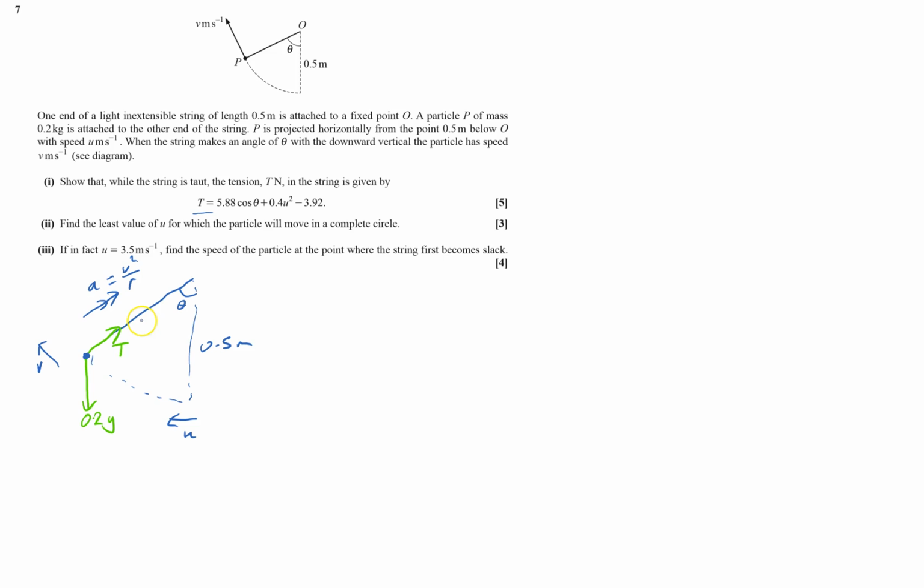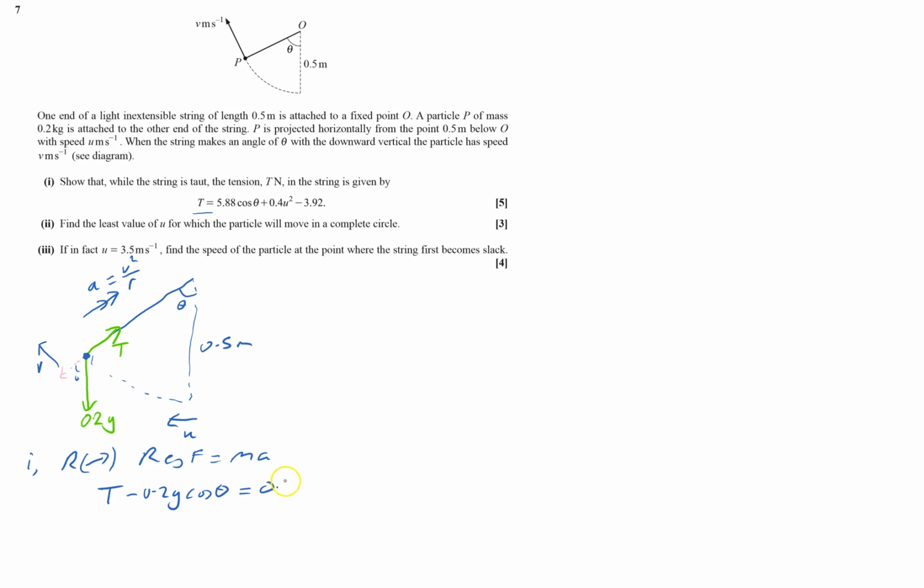I've got to resolve going inwards, so I might as well resolve going inwards right from the beginning. So resultant force equals mass times acceleration. So resultant force, what goes in? I've got T, but I've got that part of the weight going back negative, so that'll be minus 0.2 g, that's theta, so cos theta.